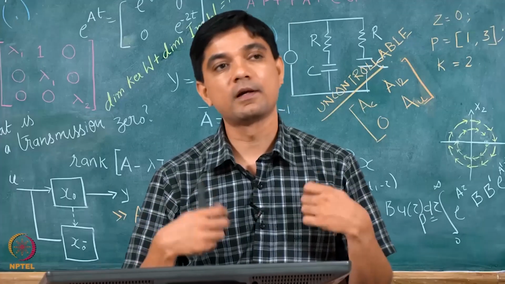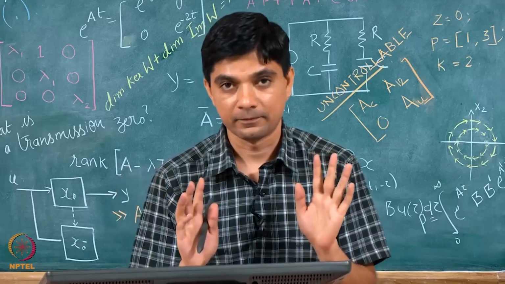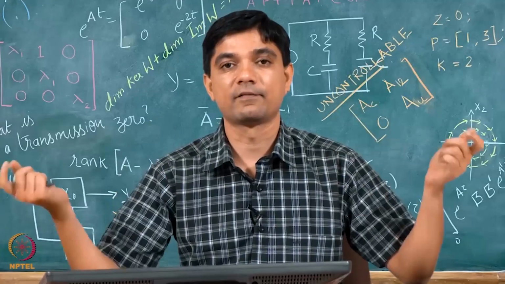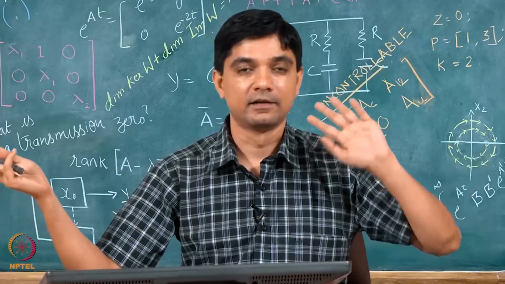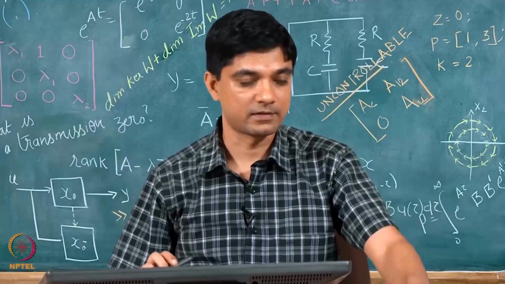Now I know under what conditions P exists, and I also know what P looks like. It all depends on identifying the stable subspace of H, saying that its eigenvalues are equally distributed in the negative and positive half, and no eigenvalues exist on the imaginary axis.